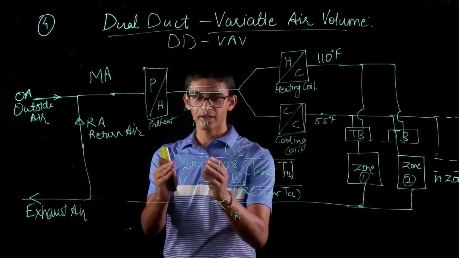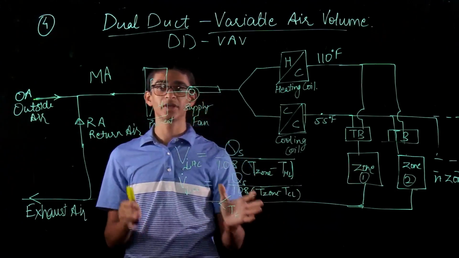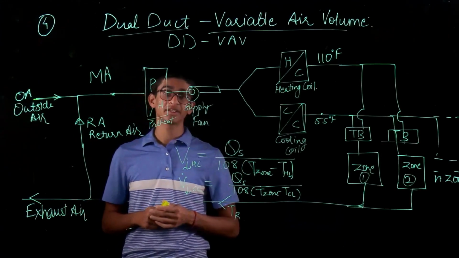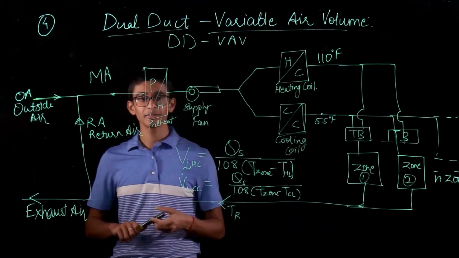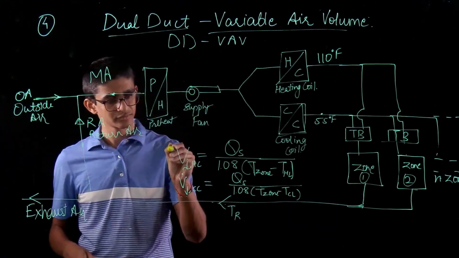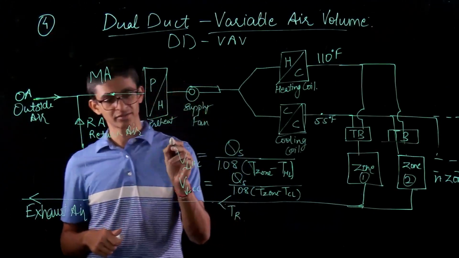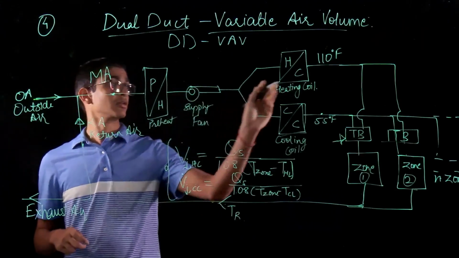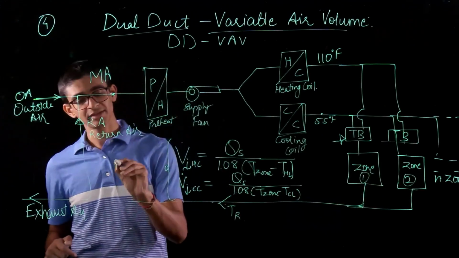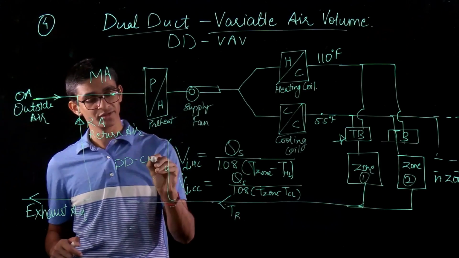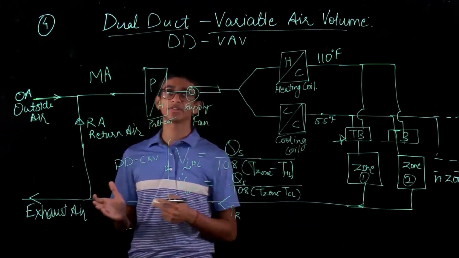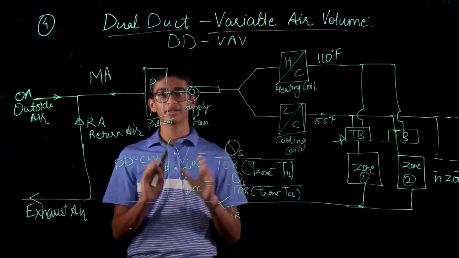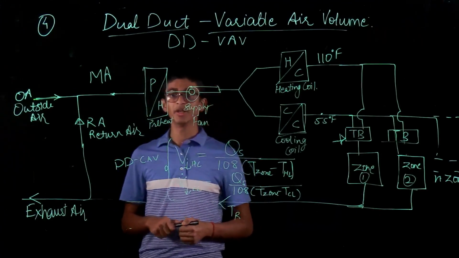If these volumes which are to be supplied to the zone are very low, if they are below the level of the ventilation airflow which is required, then we'll set up this terminal box to control in such a way that that particular zone operates as a dual duct constant air volume system, because we at least want to supply a minimum amount of fresh air to my zone so that the occupants are comfortable with the amount of oxygen which is available in the air.